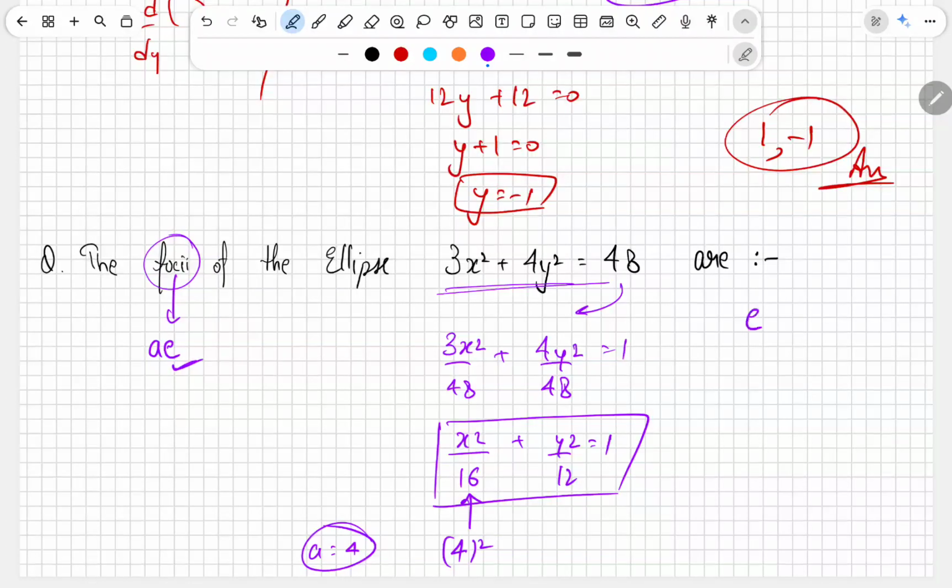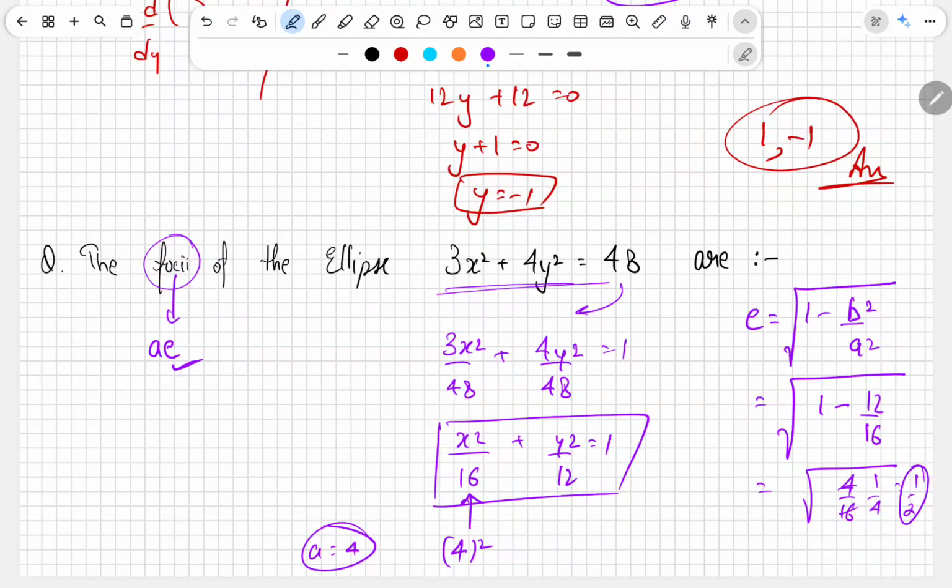To calculate e, I'll use the formula under root 1 minus b square by a square. So it's going to be under root 1 minus 12 by 16. On simplifying, I'll get 4 by 16, that is 1 by 2. Now I have eccentricity 1 by 2. a is 4, e is 1 by 2. So ae is equal to 2.